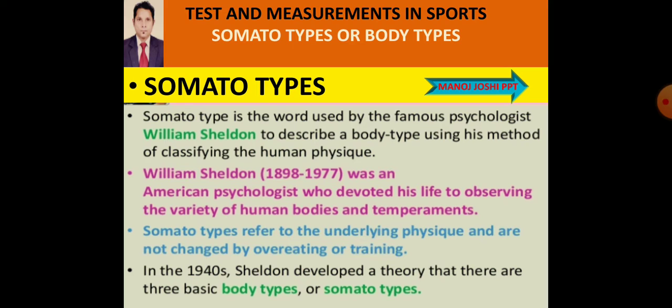So these are the body types which cannot be changed by training or by overeating. In the 1940s, Sheldon developed the theory that there are three basic body types or somatotypes. We will discuss these three types here in detail.